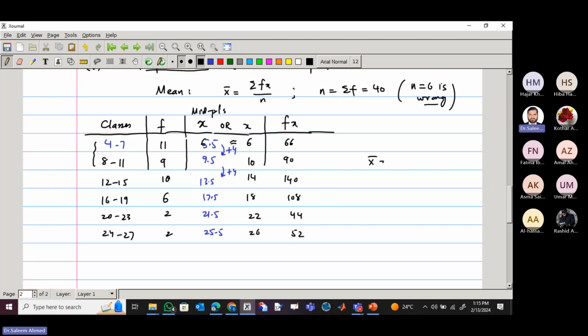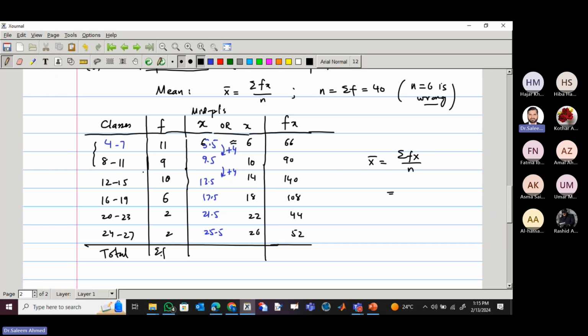So now you can add these and get the mean. Your x bar will become the sum of fx over n. The sum of f is 40, and that is your n.